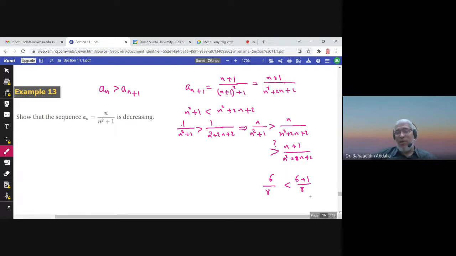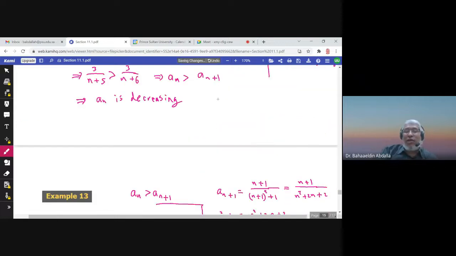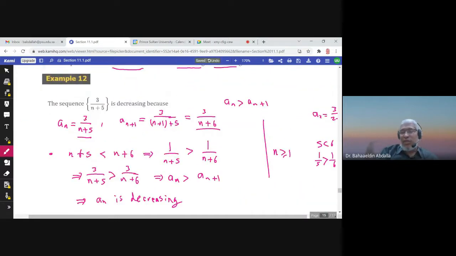So I have a problem trying to prove that this sequence is decreasing using this method, which is the method I used here in this exercise. So I advise you, whenever you have one n in the denominator like this, you use this method immediately.